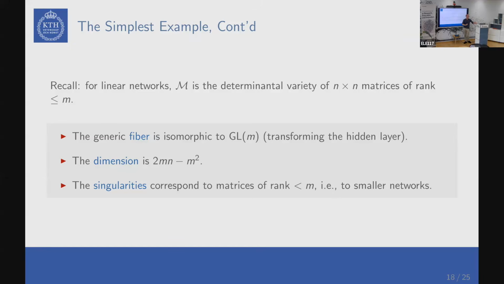A random matrix of rank at most m will have rank exactly m, but the matrices that have strictly lower rank are the singular points. Those are the same as smaller networks, subnetworks, because if a matrix has smaller rank than my bottleneck, I can represent it by removing neurons. So we see the connection with subnetworks very cleanly in this case.